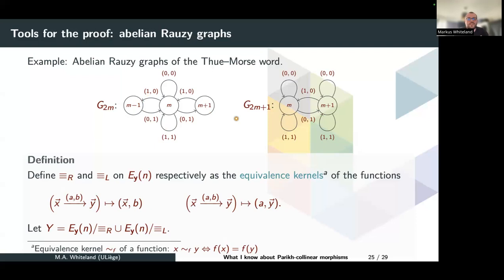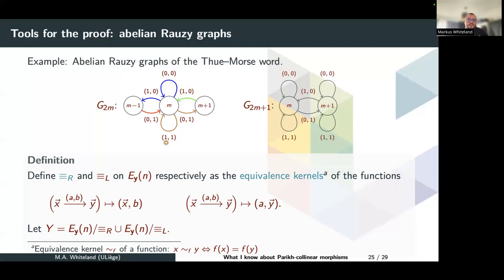And so we start analyzing the behavior of mapping a word with a Thue-Morse morphism by understanding the abelian Rauzy graphs. So here we're going to put two equivalence relations on the edges of the abelian Rauzy graph.